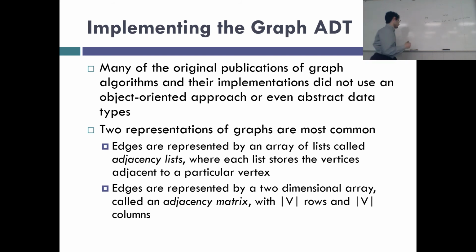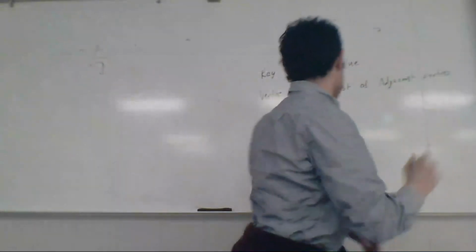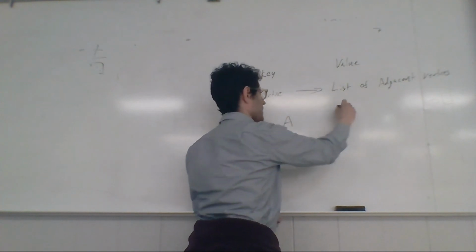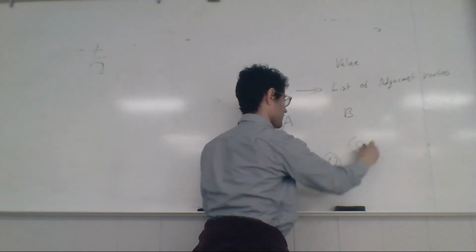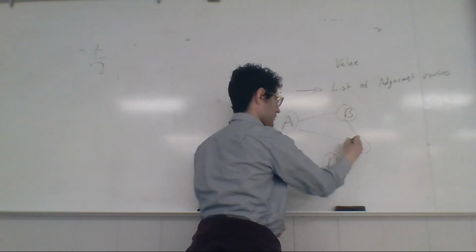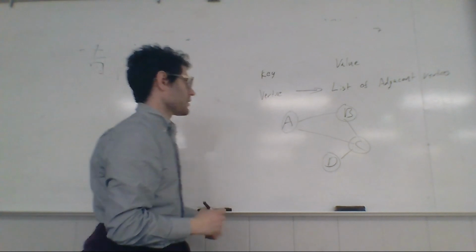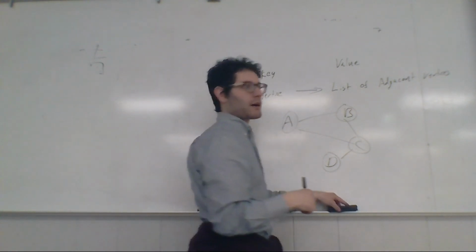So if I have a graph that looks like this, with A, B, C, and D, then the adjacency list might look like this.